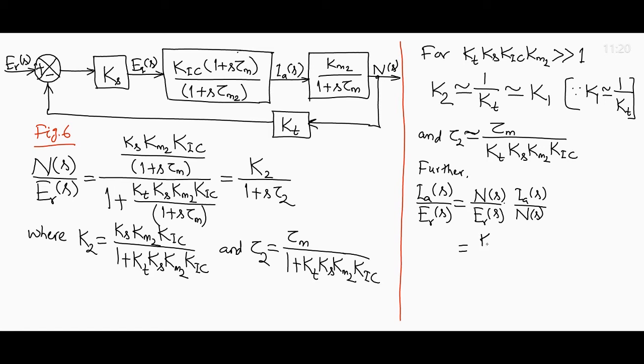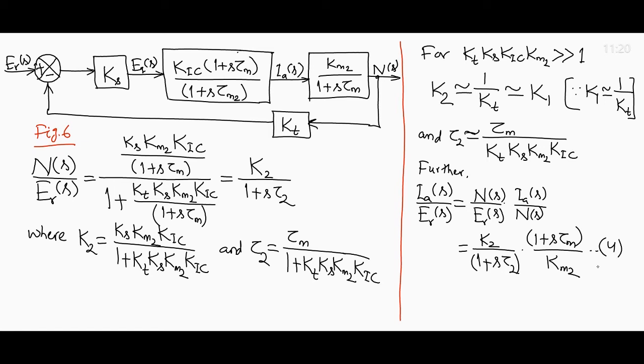It is K2 divided by 1 plus S tau 2, and the second one is 1 plus S tau m divided by Km2. So this is equation number 4. As we are maintaining serial equation numbers, this is equation number 4.